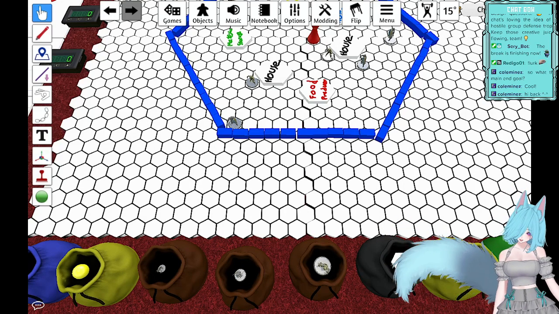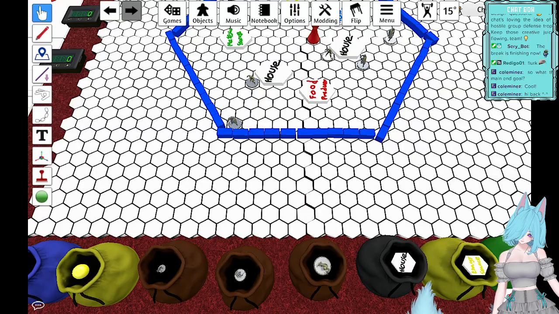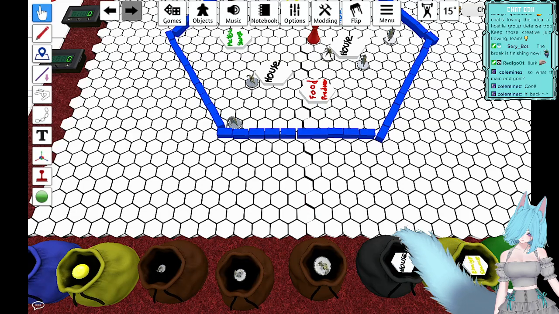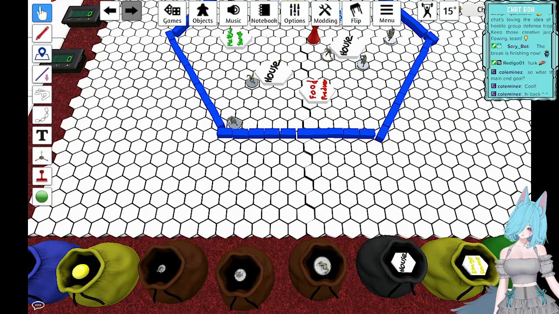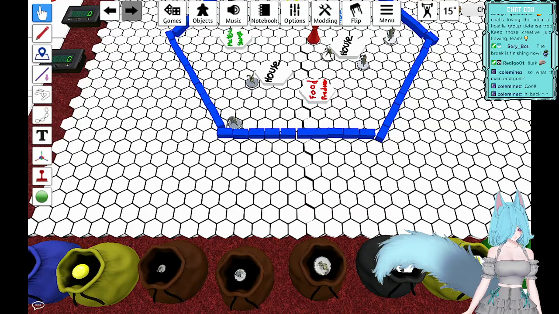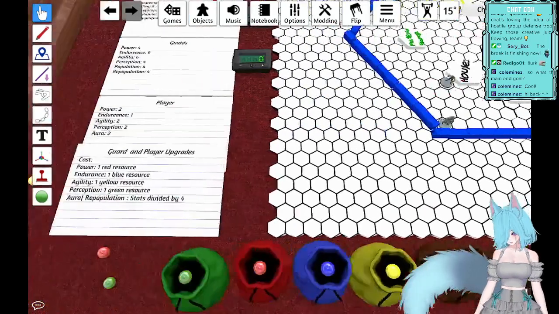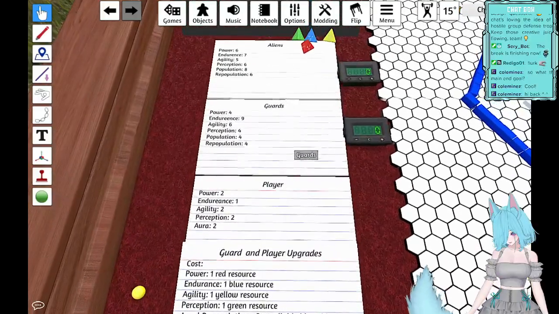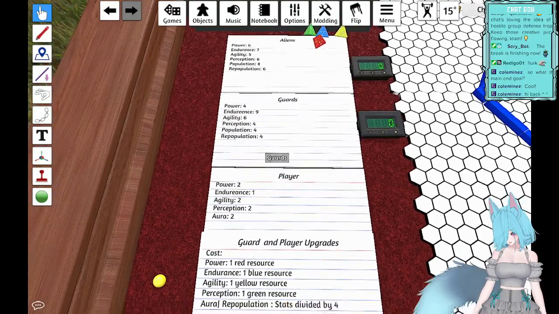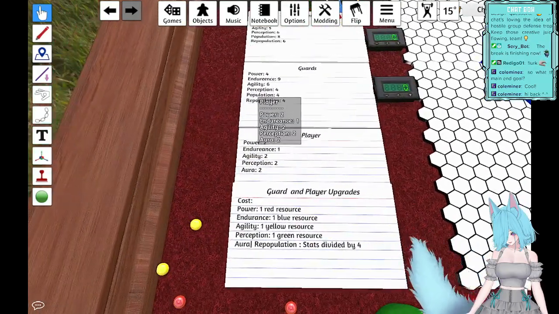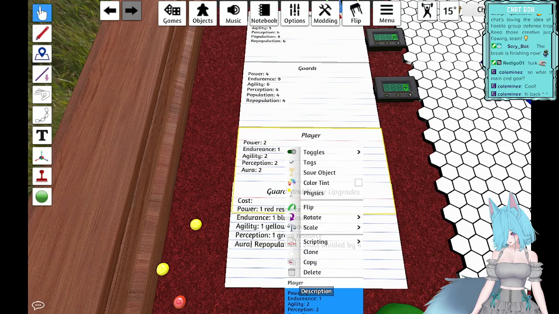With red resource, we can either... No, red resource... But we don't have blue anymore, so we can't make a building. So yeah, let's give the power actually to ourselves.